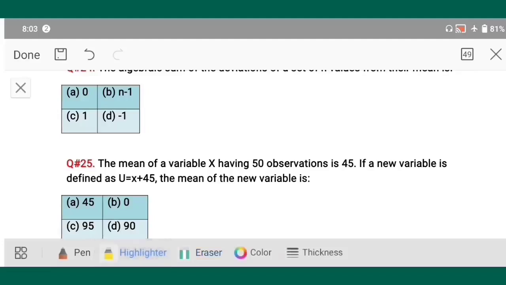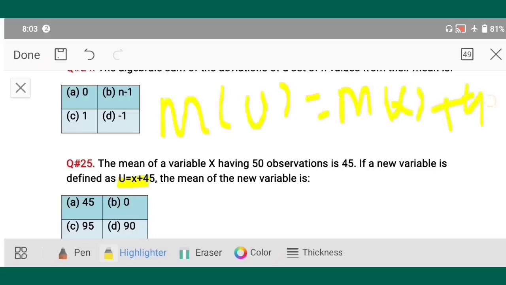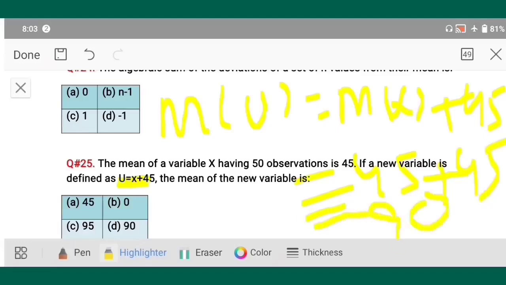So when we see here, that is u is equal to x plus 45, when we are going to find the mean of u, it will become mean of u equals mean of x plus 45. So let's see what is the mean of x. The mean of x is 45 and we are adding 45 also, so it will become 90. So our correct option is 90.